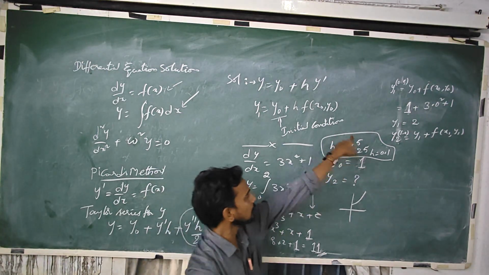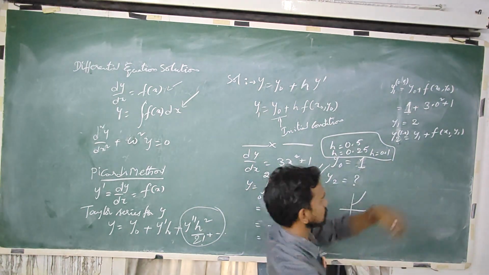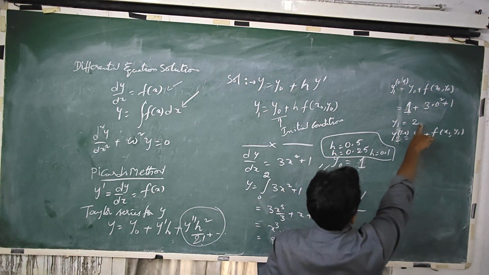So the value of the function at 0.5 is that. The value of the function at 1.0. You have to continue this value.